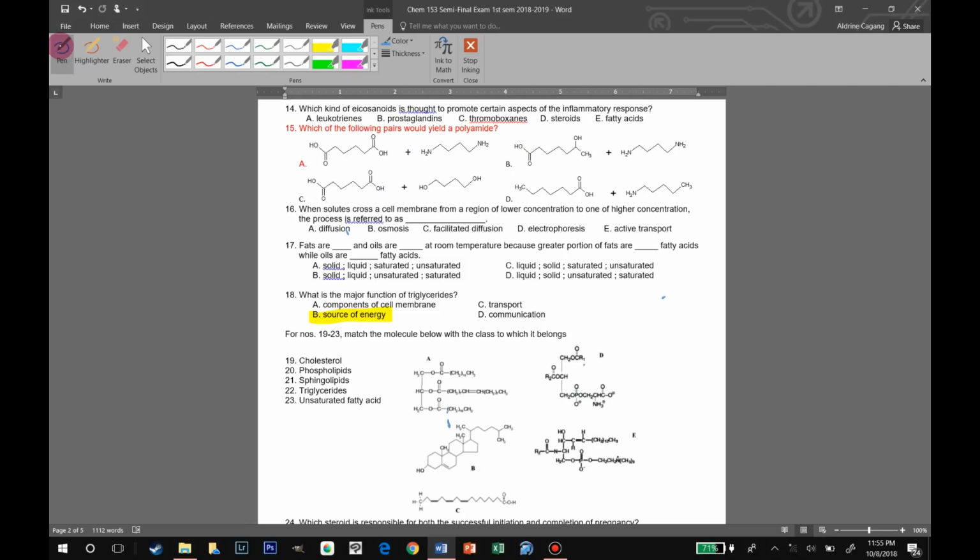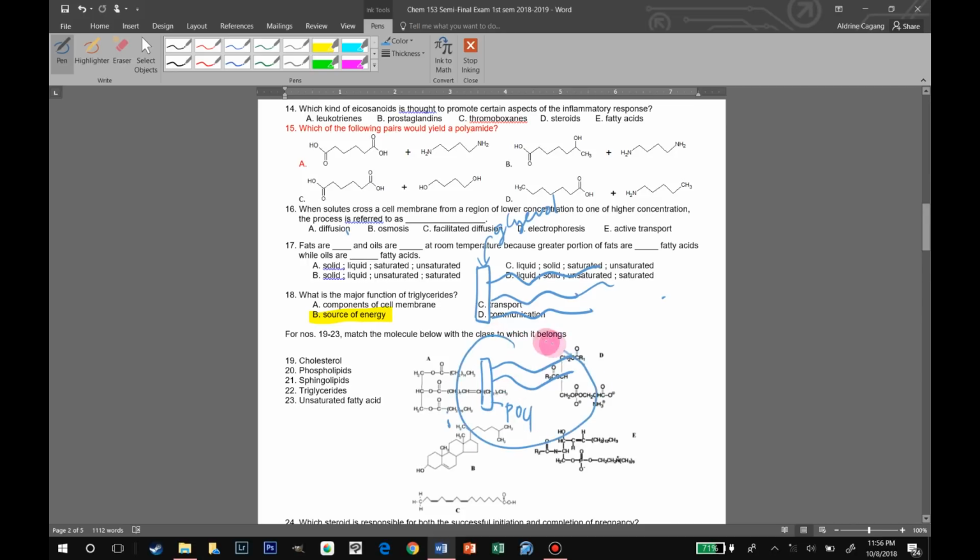So you have the triglycerides, wherein you have a glycerol backbone, and then you have 3 fatty acid chains, so triglyceride. And then you have the phospholipid, which has the same glycerol backbone, but the difference is that it has only 2 fatty acid chains. The third one is being occupied by a phosphate group.